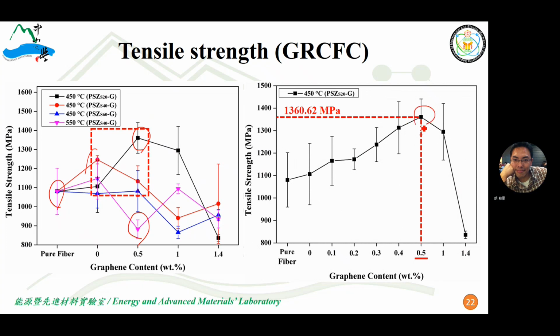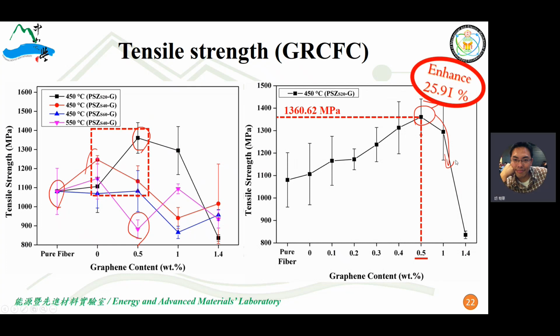When the graphene content is higher than 0.5 weight%, its tensile stress drops suddenly. So the enhancement of the tensile stress is about 26% via graphene content at 0.5 weight%.